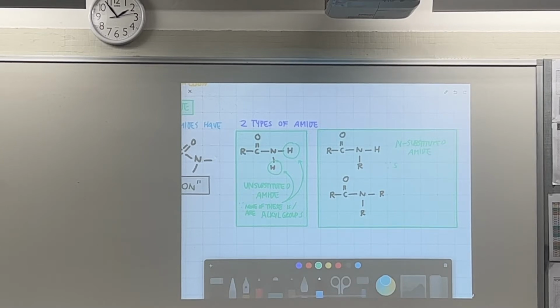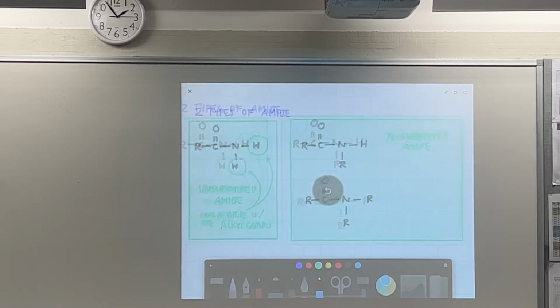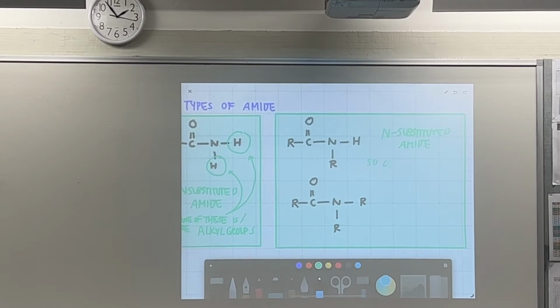Okay, so-called because at least one H on the N has been substituted with an alkyl group.